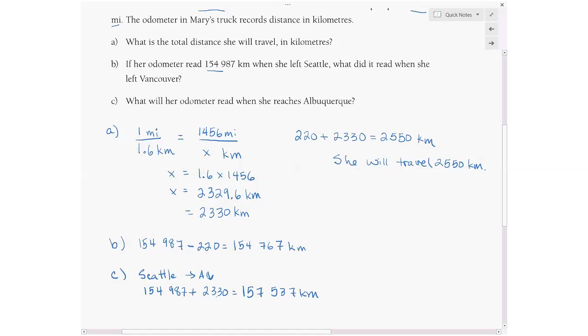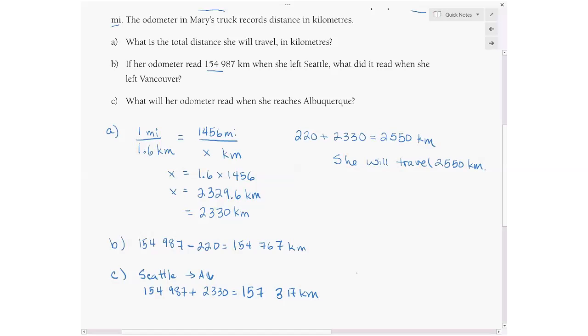Does that make sense? 154,987. I wonder if I put something in wrong. Yeah, I did. So 154,987 plus 2,330, pardon me. Let's erase that. It's 157,317. Sorry about that. So that's from Seattle to Albuquerque.